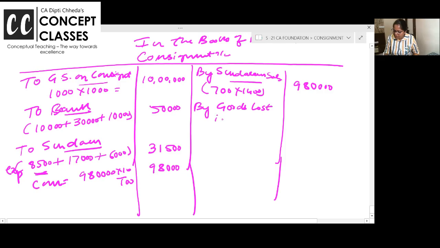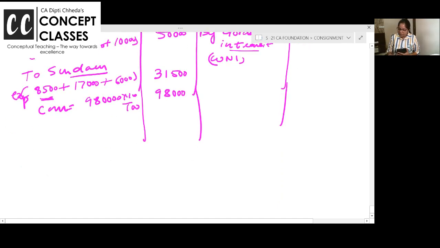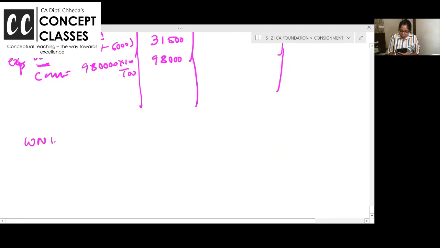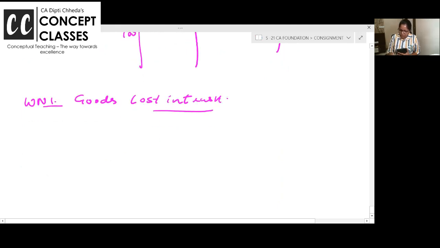By goods lost in transit, working note 1. 50 are lost in transit and 100 are still in transit. Let's do it together. Working note 1: goods lost in transit and still in transit. We will do both.